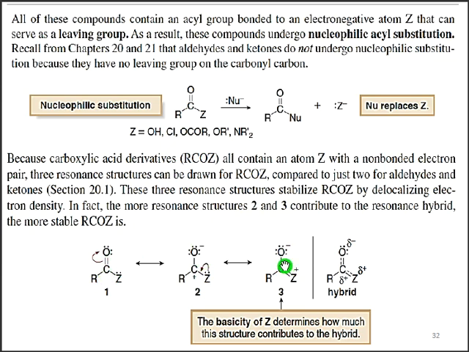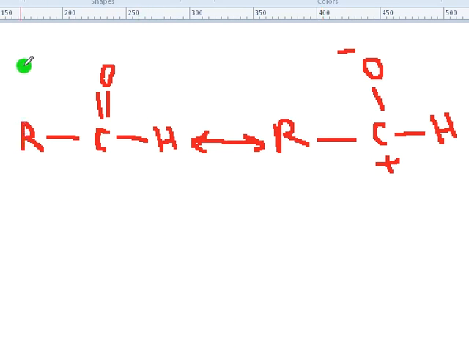But for aldehydes and ketones, there are just 2 resonance structures, and there is no lone pair of electrons on the hydrogen or the alkyl group. Then for aldehydes and ketones, if I open this pi bond to the oxygen, there will be a negative charge here, and we have a positive charge, and there is no additional resonance structure. There is no lone pair of electrons on the hydrogen or on the alkyl group to give you another resonance structure. For this reason, the carboxylic acid derivatives are more stable than aldehydes or ketones.